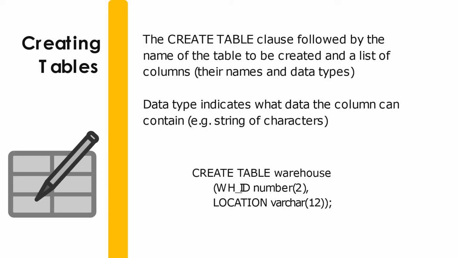Warehouse is the name of our table, and it has the following attributes, or columns: WHID and location. And right after our attribute names, we have the data types of our attributes. We have number for WHID and varchar12 for location.